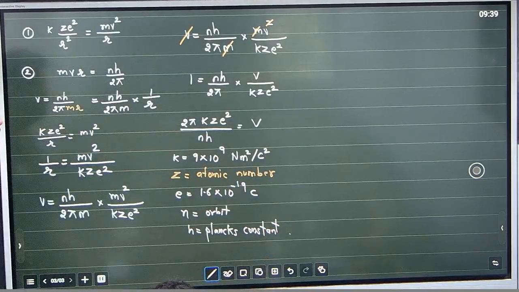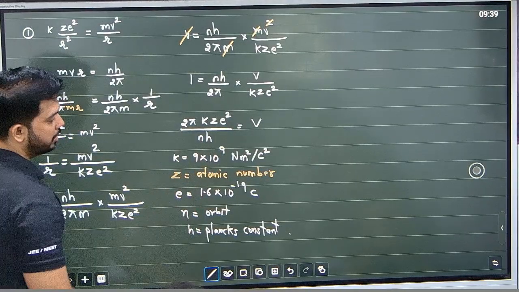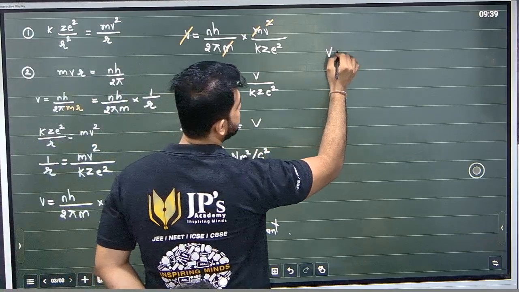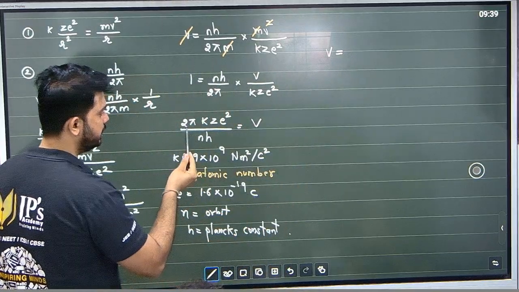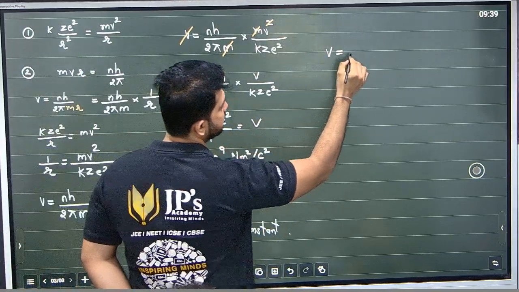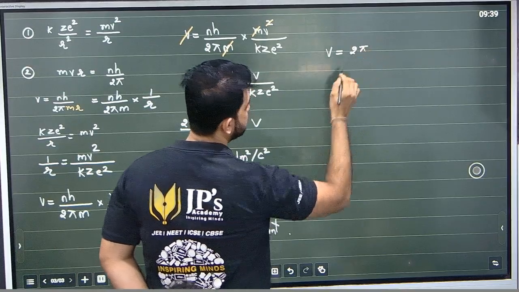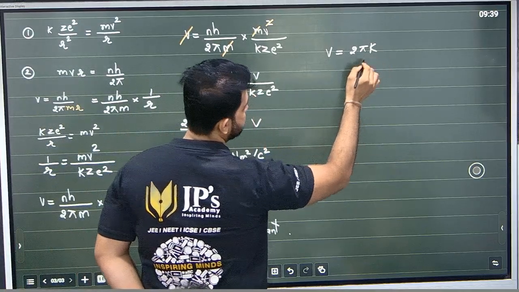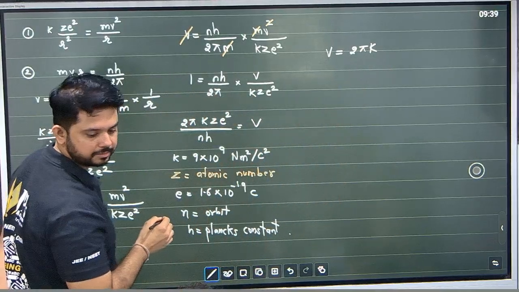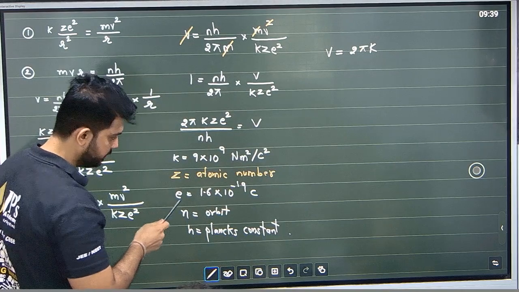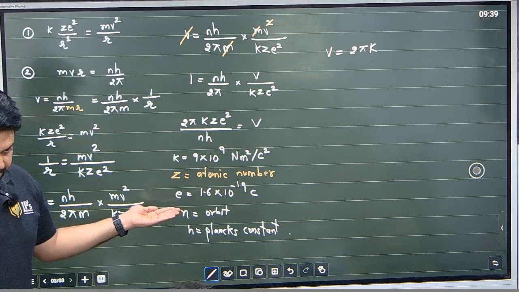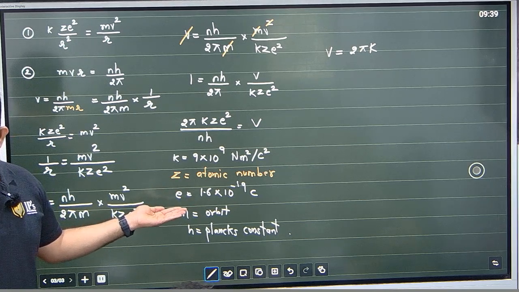So in all of this, which are the constant terms? I repeat, the terms which are constant. Is 2 a constant? Yes. Is pi a constant? Yes. Is k a constant? Is the value of e a constant? Will the charge of an electron change? Is it something different in different places?